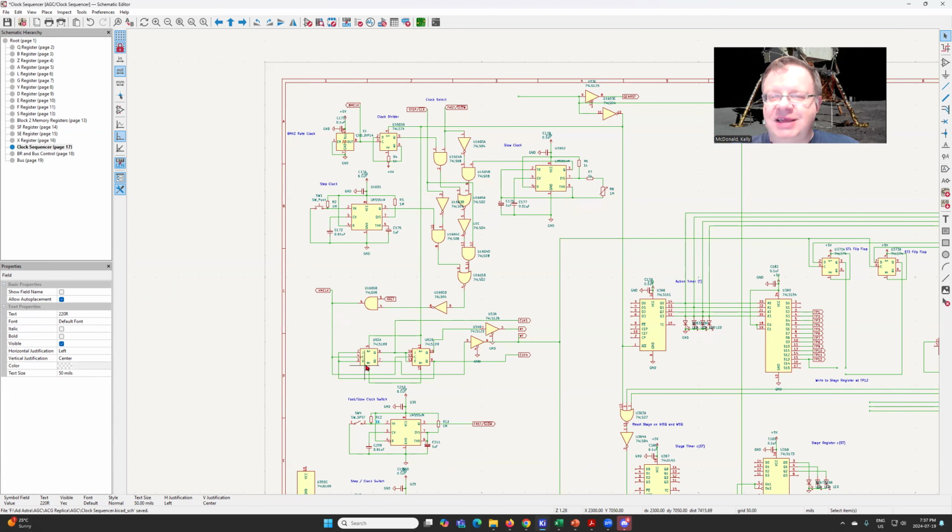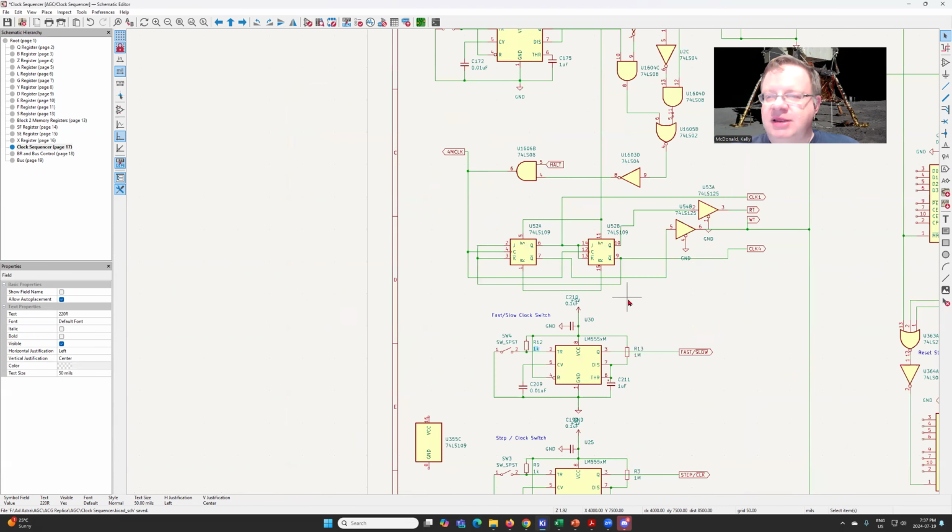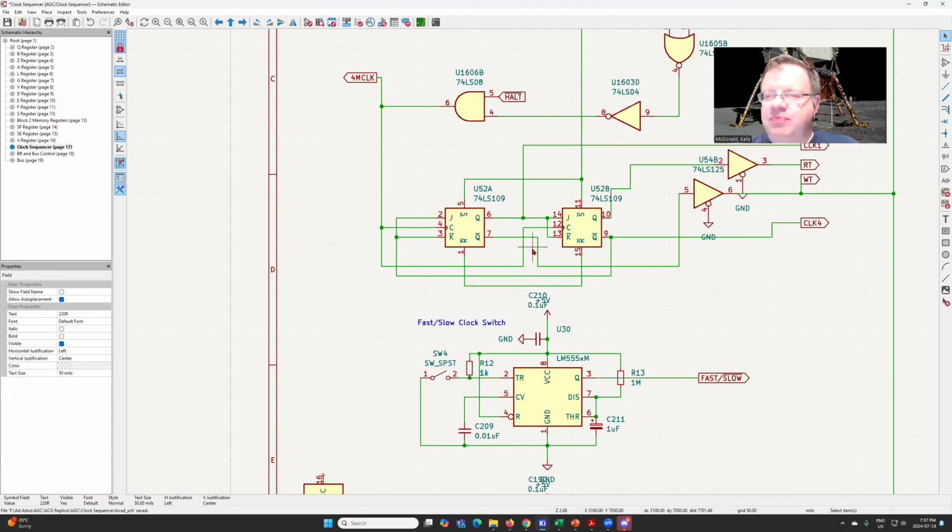One thing that took me a while to debug is that the 74LS109 is a J-not-K flip-flop, so this K is actually inverted. In some ways that makes it easier, because for the ways we want to interconnect these gates, before we'd have to do inversions and use Q versus Q bar.